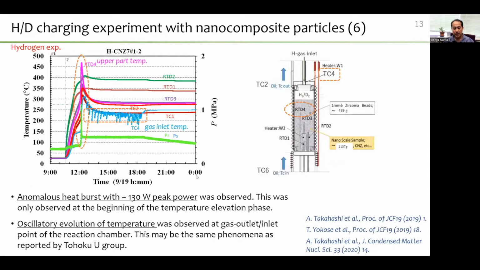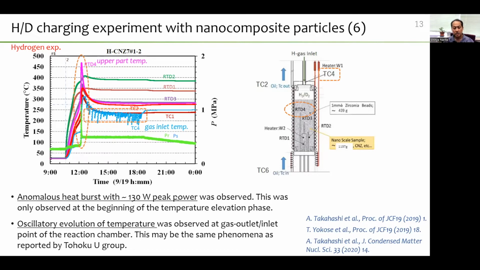Okay. They have also found the interesting phenomena. This is a temperature behavior for the hydrogen experiment with the copper nickel sample. The temperature of the upper part of the cell, measured by the LTD4, is plotted here. So you may find the anomalous heat burst with the under 30 watts peak power was observed, and this was only observed at the beginning of the temperature elevation phase here, yes, just here.